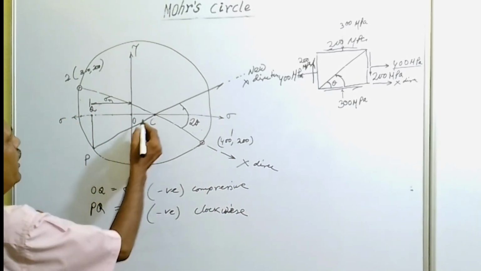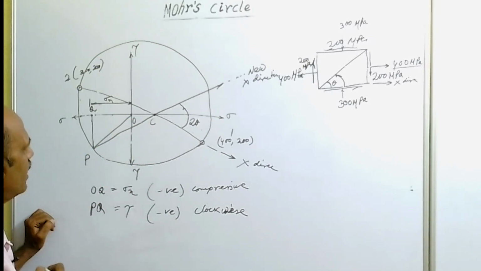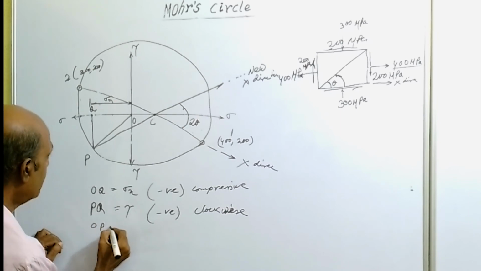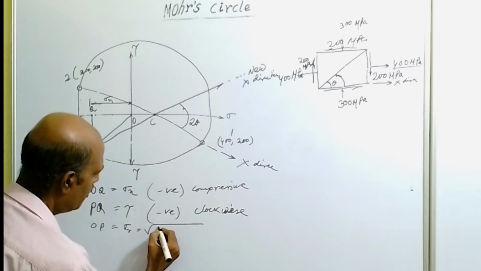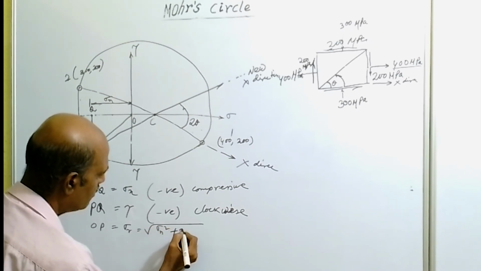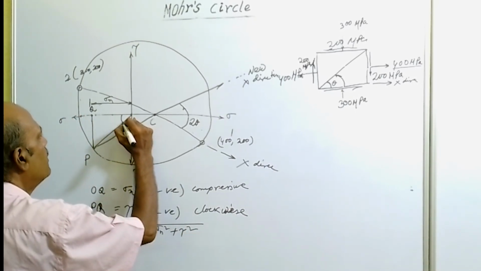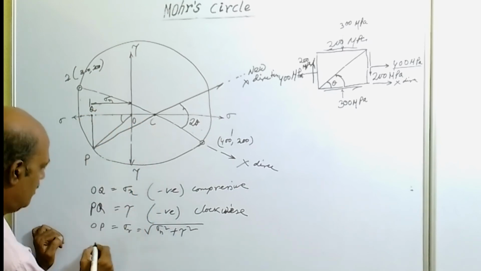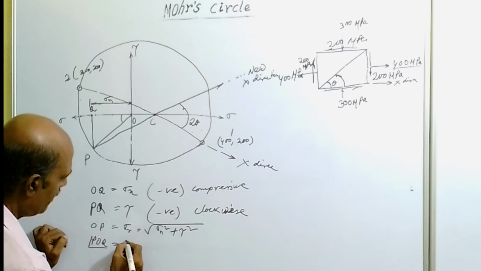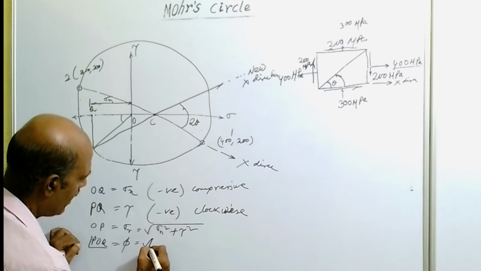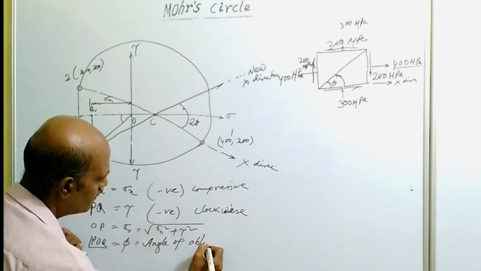Next, join O to P. So the OP distance will be your sigma r, and analytically it is given by the root of sigma n square plus tau square. And measure this angle POQ, that is given by phi, and is known as the angle of obliquity.